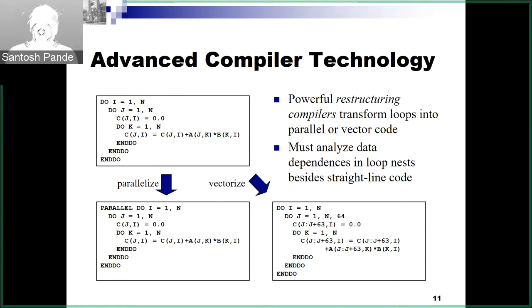If you look at the read-write sets again, first of all, A and B are totally different, and the only possibility of a dependence could be between the C's. As far as the C references are concerned, between two different i iterations, there is no dependence. Within an i iteration, yes, there is a dependence, because first we read, let's say, C of j, i, and then we write into that same location in the same iteration.